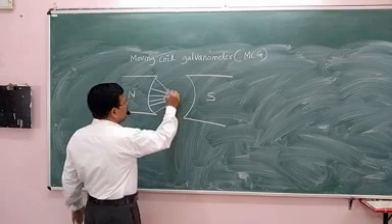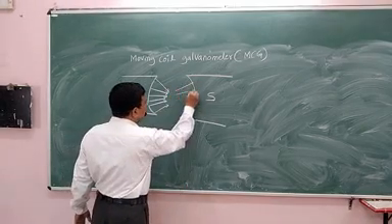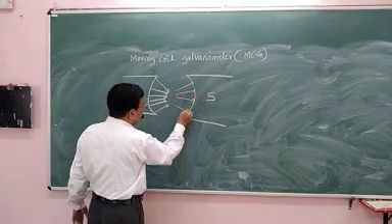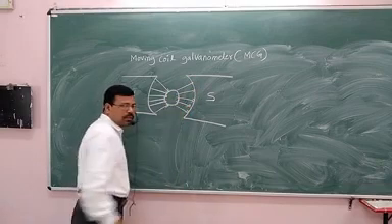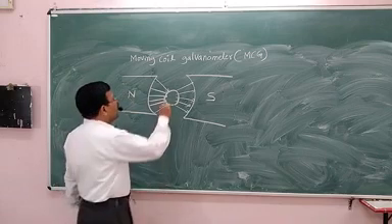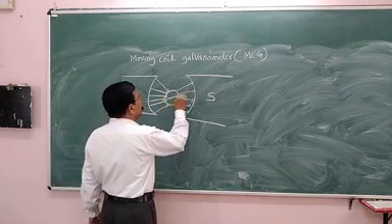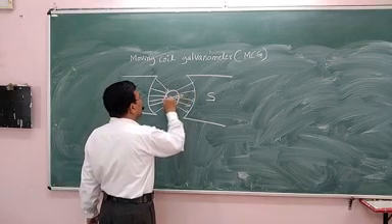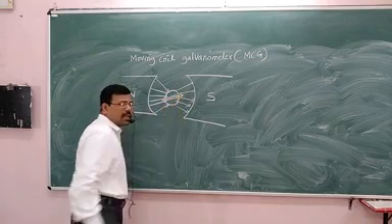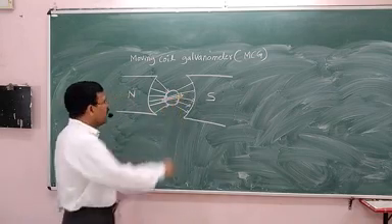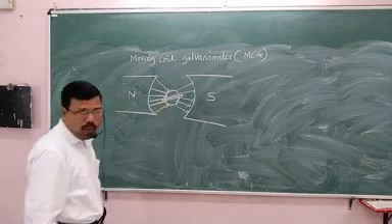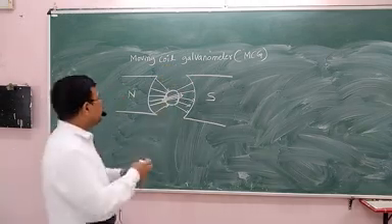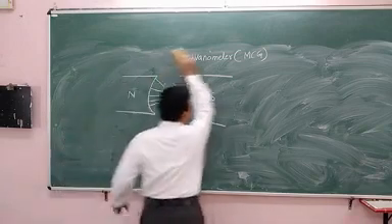So here is a radial magnetic field, and a soft iron core, and here is a rectangular current carrying coil. The end of the coil is connected to a pointer.